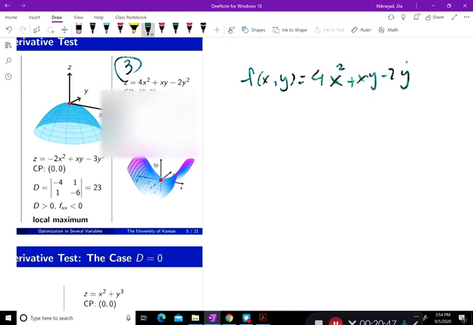Now let's do the third one. And this time around, let's find the gradient first. It would be 8x plus y and x minus 4y.